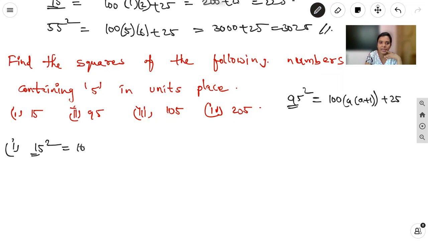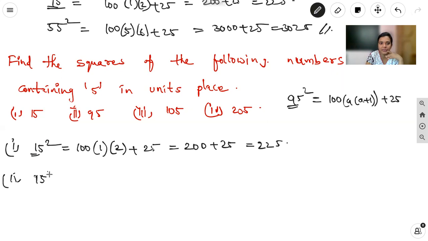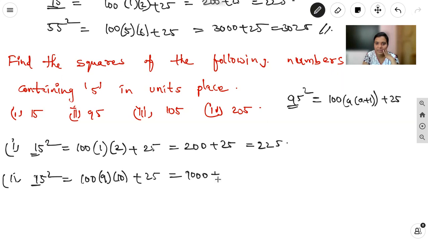Here A is 1, and 1 plus 1 is 2, and 5 5s are 25. It's 200 plus 25, which is 225. The second one is 95 square: 100, the tens place number is 9, the next number is 10, plus 25. 9 tens are 90, 90 into 100 is 9000 plus 25. It's 9025.